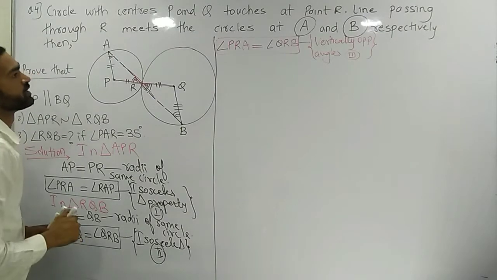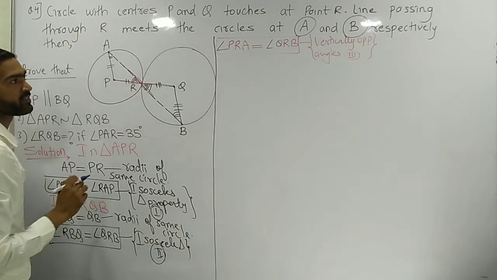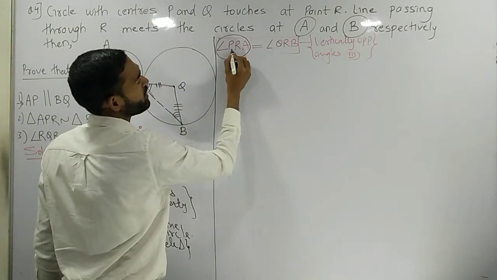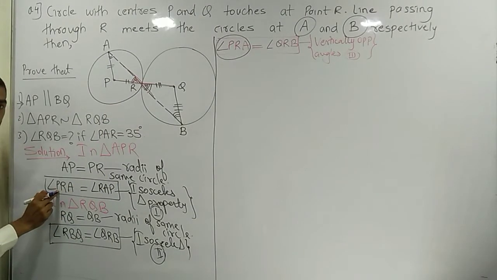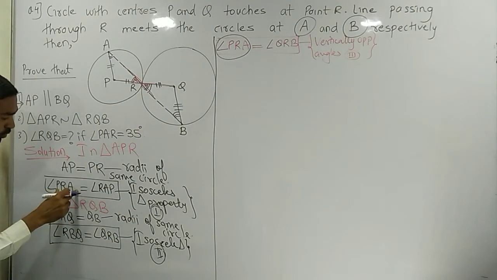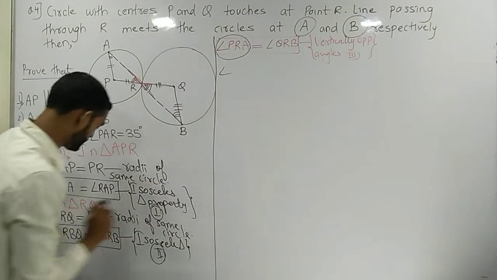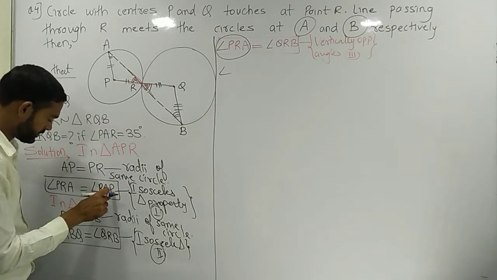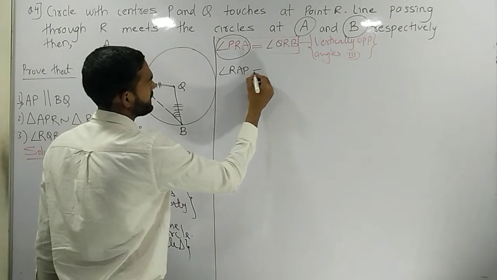Now students, look, these two are equal. What about angle PRA? This we have seen in equation number 1: PRA was equal to RAP. So can I replace PRA with RAP? Yes, instead of this we can write RAP.